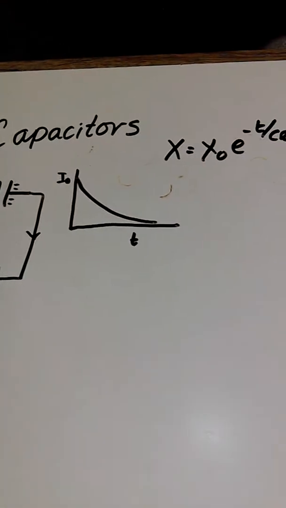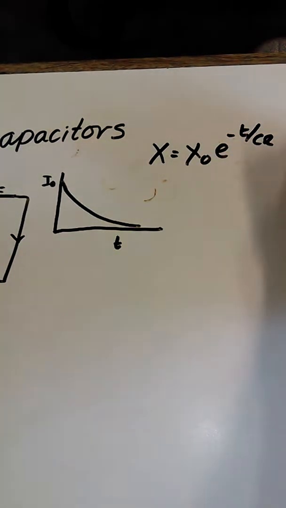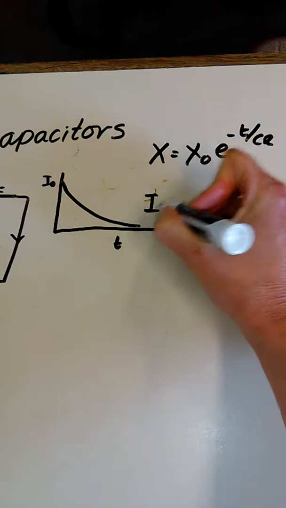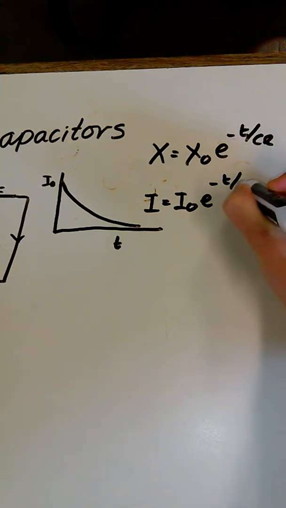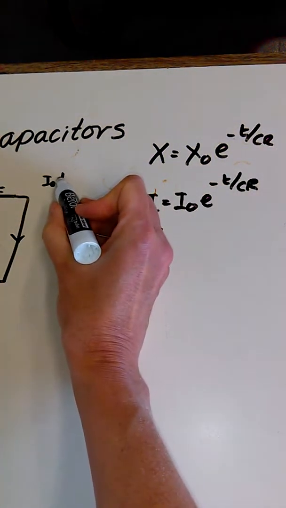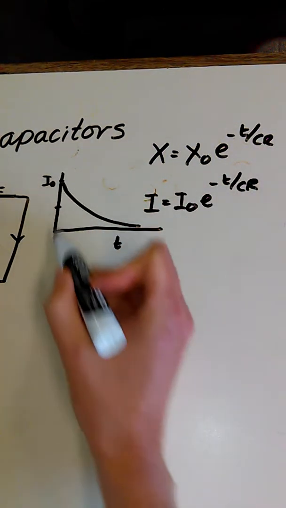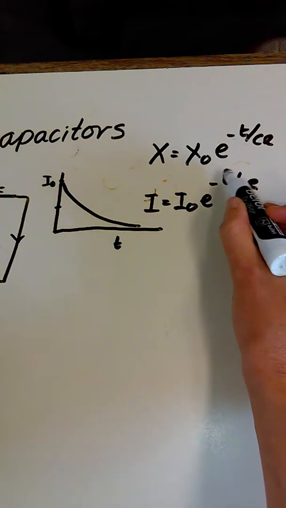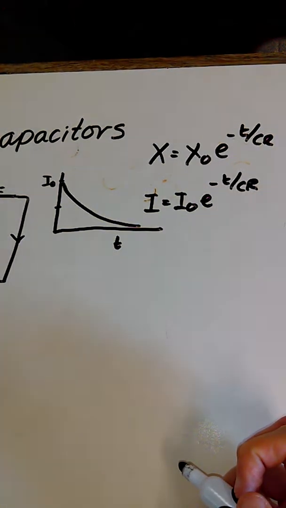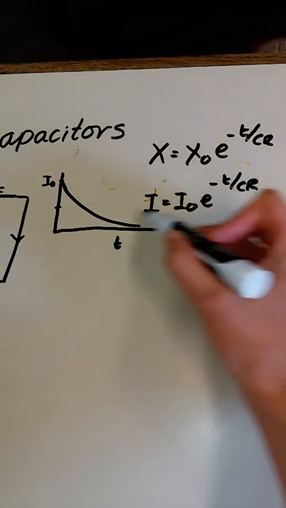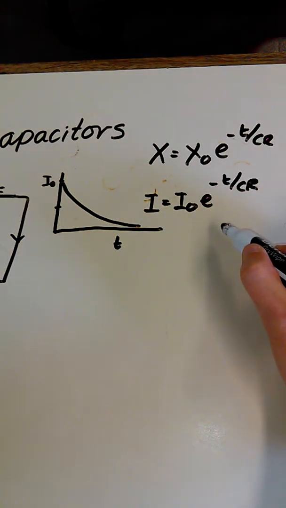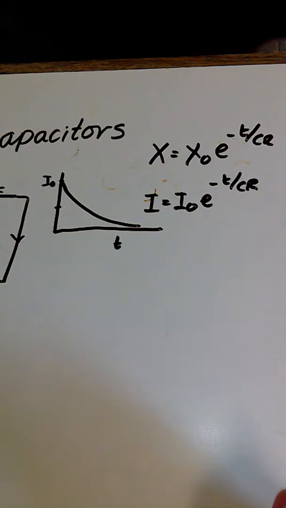Now, when we're charging a capacitor, for current, we could use this: I is equal to I0 e to the minus t over CR, where I0 is your initial current and I is whatever the current is at a particular time after you've started charging it. Okay, so the current will obviously decrease to, well, tend towards zero as it is fully charged.